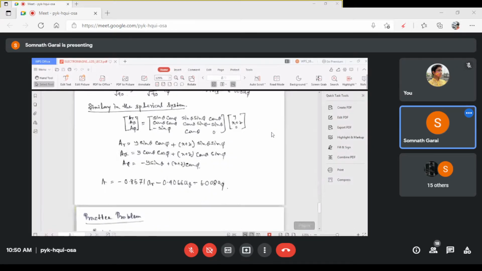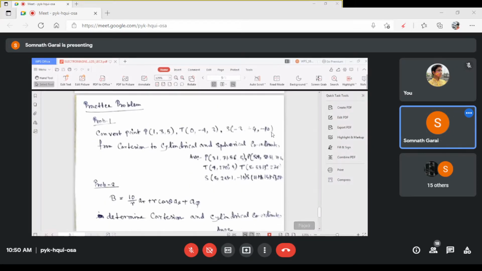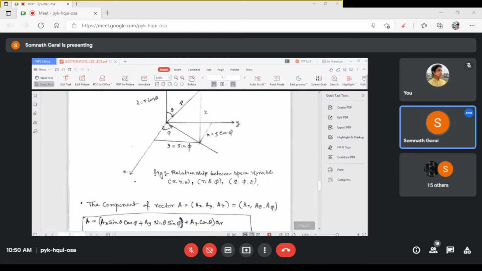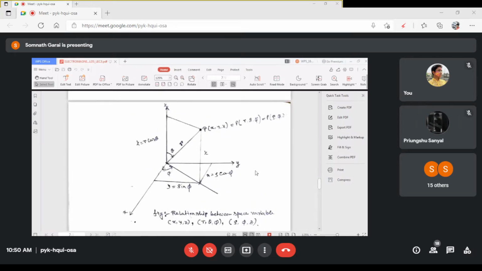Can you explain that diagram again? This one. Yes, sir. If there is a vector point, that is P. And we compare it with respect to Cartesian coordinate and spherical coordinate.